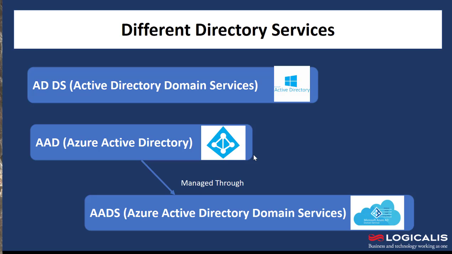They're not exactly the same, and this also has been a general confusion between different industry players, right? So there are two different directories. They use LDAP as a protocol for sure, but they're not the same, right? That's very important.